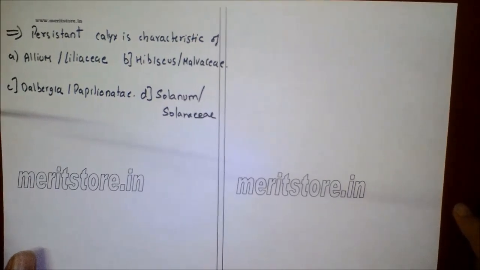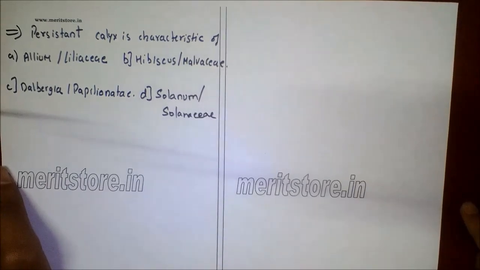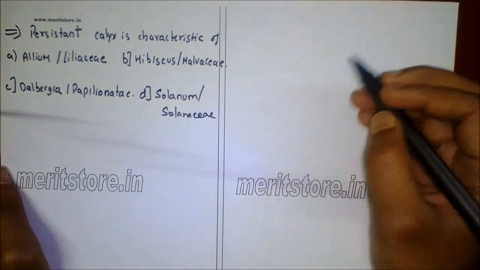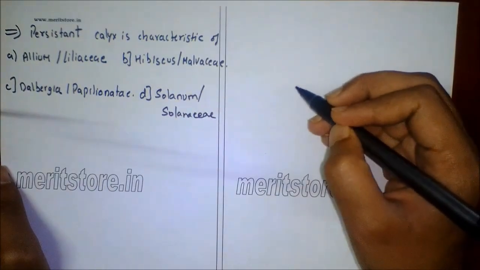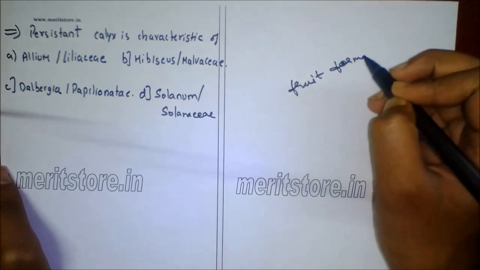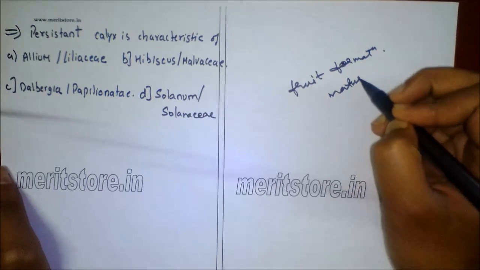Persistent calyx is characteristic of A. Allium or Liliaceae, B. Hibiscus or Malvaceae, C. Dalbergia or Papilionaceae, D. Solanum or Solanaceae. So persistent sepals persist till fruit formation and are present even in the mature fruit.